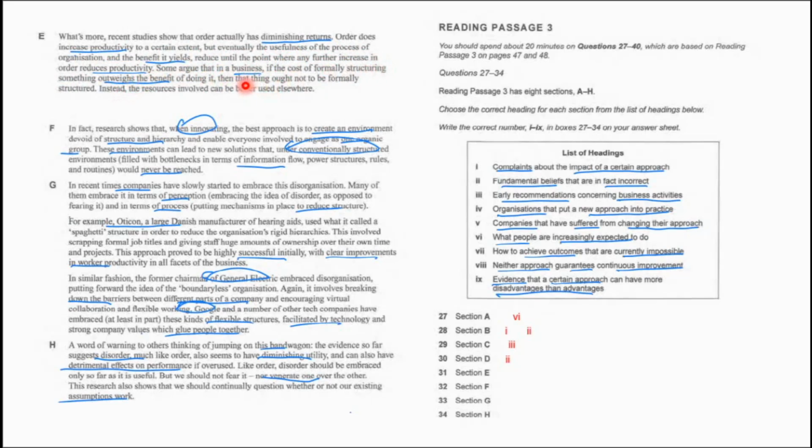Some argue that in a business, if the cost of formally structuring something outweighs the benefit of doing it, then that thing ought not to be formally structured. So the ninth should be our answer, since they are saying that one certain approach can have more disadvantages than advantages. Here, if we try to structure something, then there are more disadvantages than advantages.